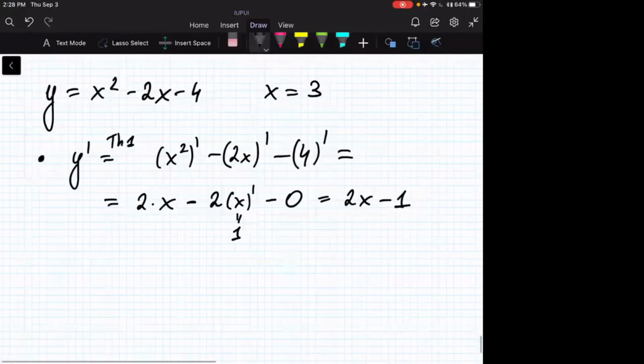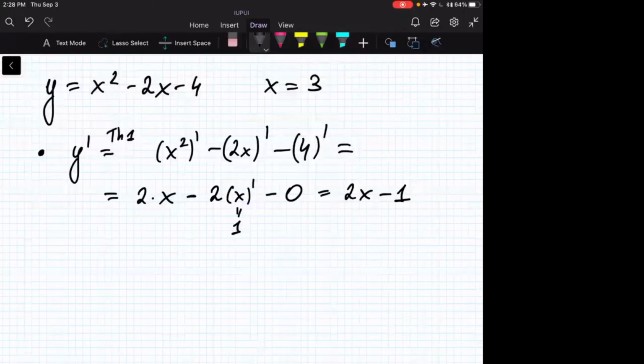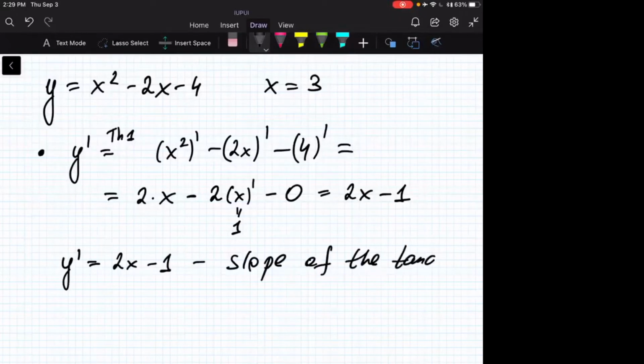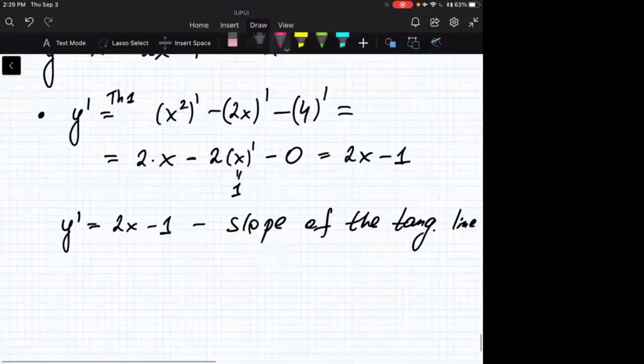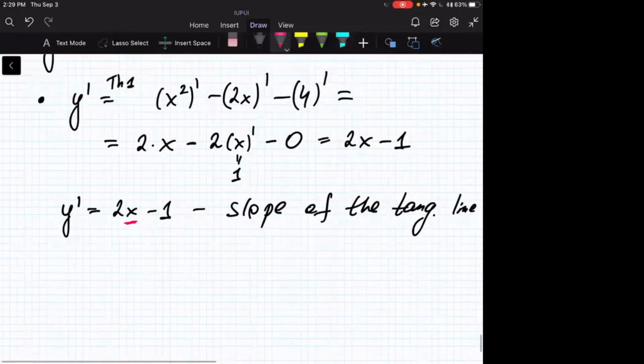So this is, let me do another remark, that what we get, that y prime is 2x minus 2, which is slope, again, of the tangent line. And you see that the slope depends on x.